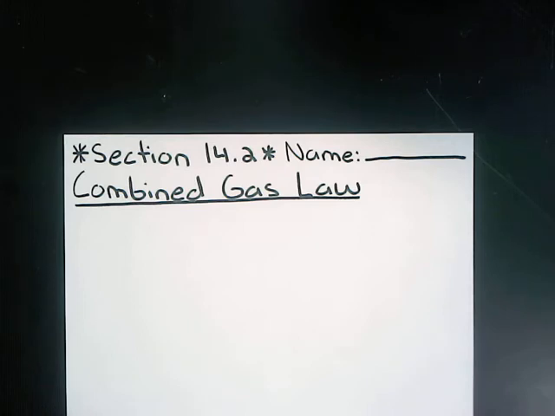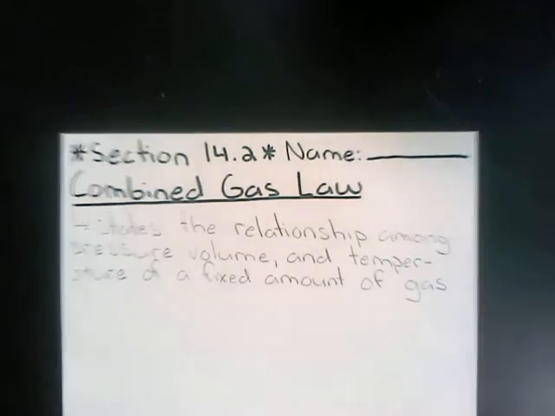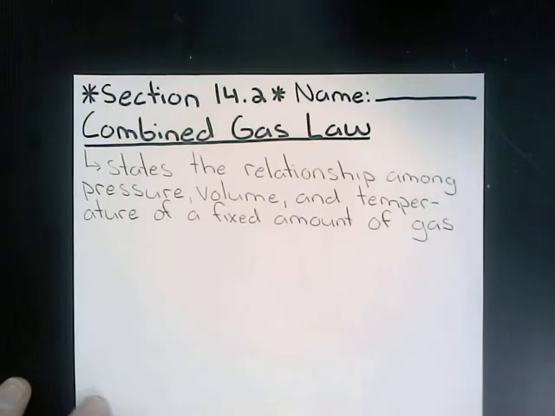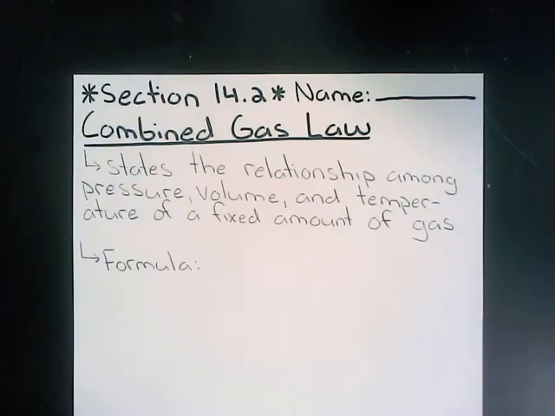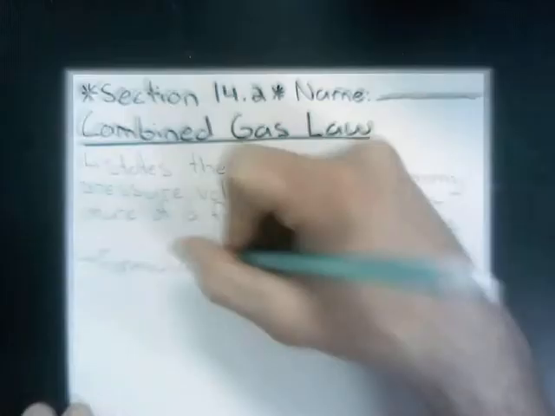So we start out here with the combined gas law. It states the relationship among pressure, volume, and temperature of a fixed amount of gas is seen in a formula. The formula for the combined gas law is going to look really familiar to those three gas laws that we just talked about in section 14.1.